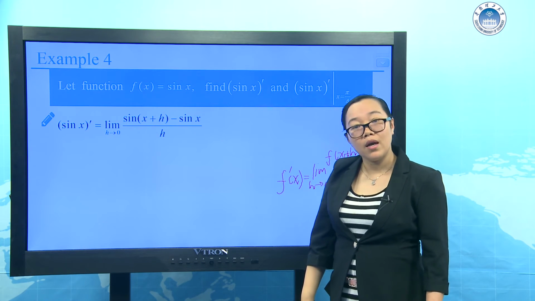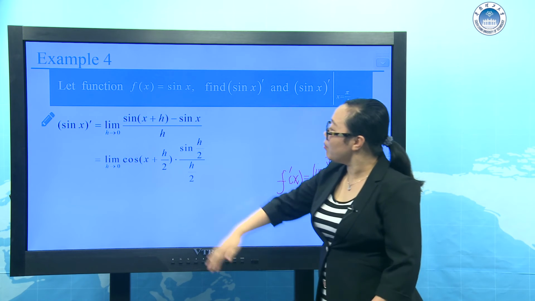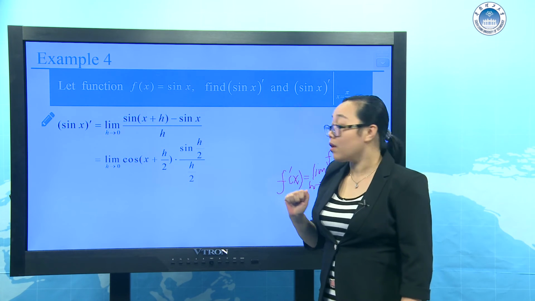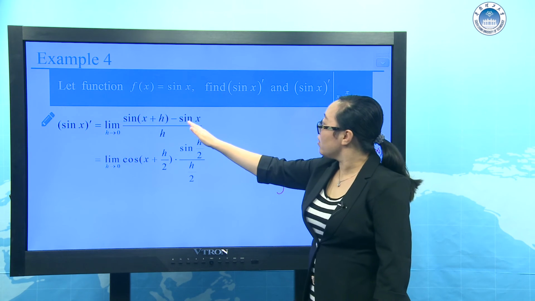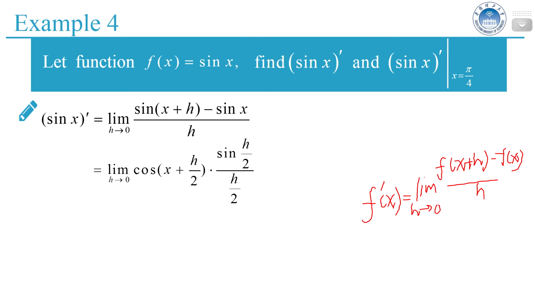How to do? Sin alpha minus sin beta, write it. Limit as h tends to 0. Copy the limit signs. Sin alpha minus sin beta equals cosine of (x plus h over 2) times sin of h over 2. Do you remember the important limit?